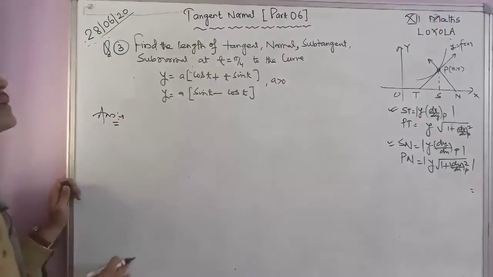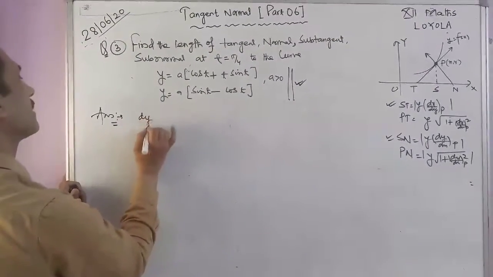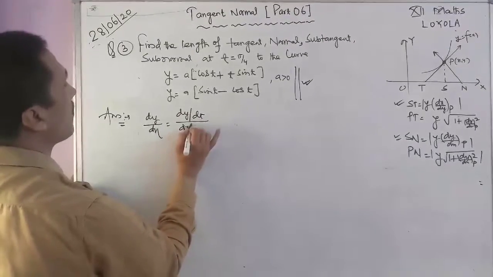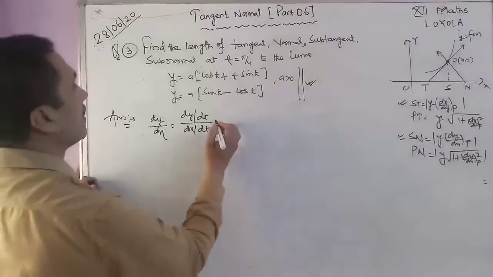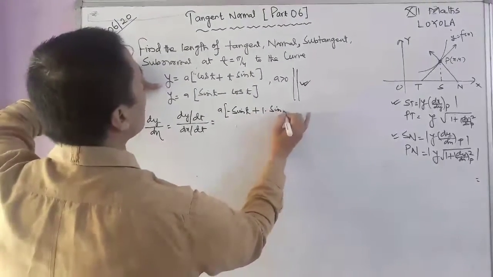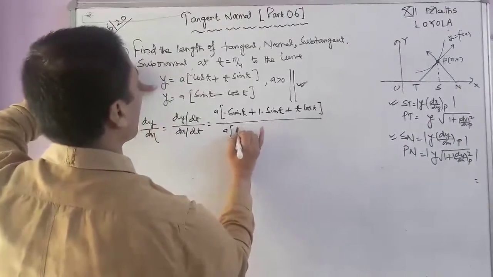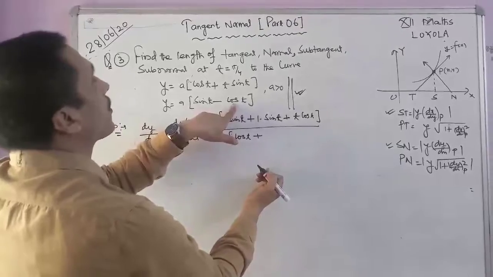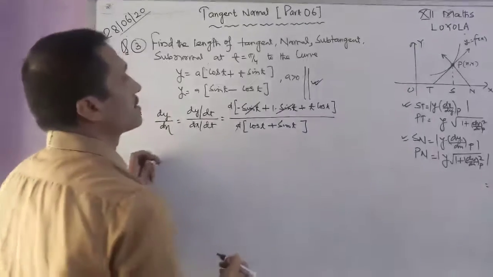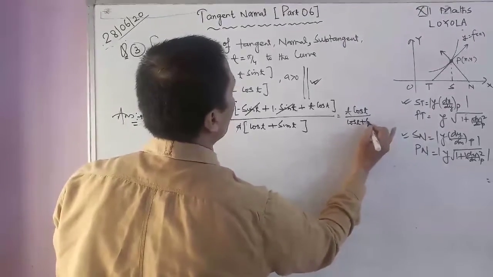The given curve is in parametric form, so first of all we find dy/dx, which is (dy/dt)/(dx/dt). Here dy/dt is a(cos t - cos t + t sin t) = a t sin t, and dx/dt is a t cos t, so the a's cancel and dy/dx equals t sin t divided by t cos t, that is tan t.